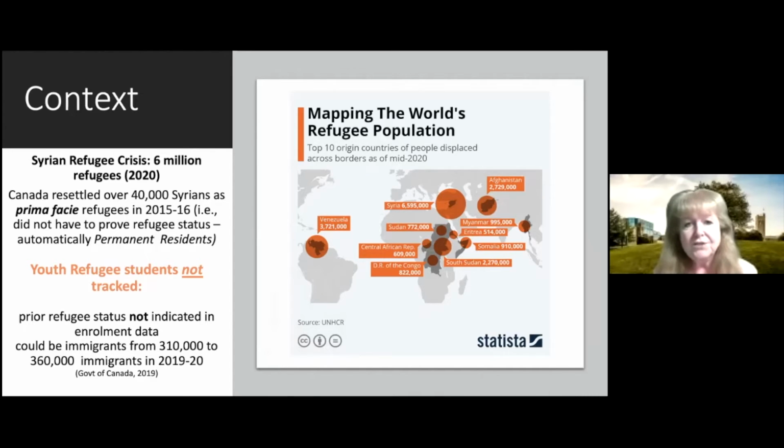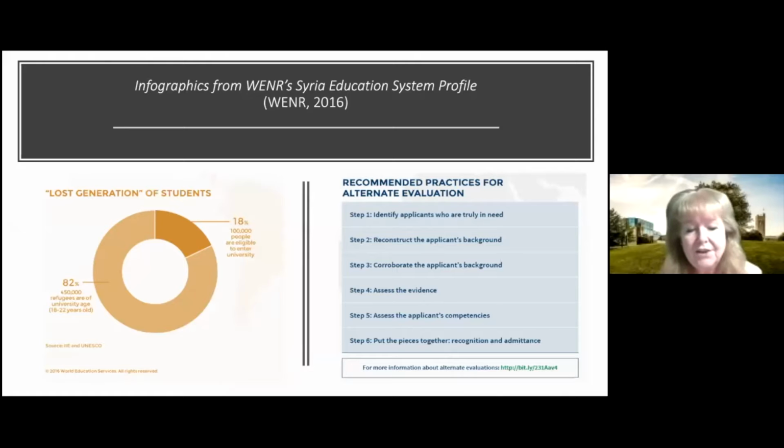So moving on to the next slide, there's an infographic that shows the lost generation of Syrian students. So these displaced students have been unable to pursue higher education. And when they come to host countries, they're missing documents because they had to flee.